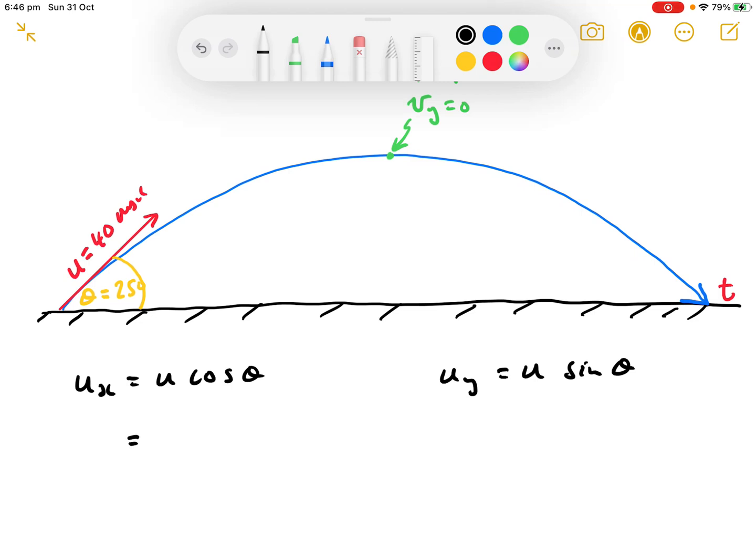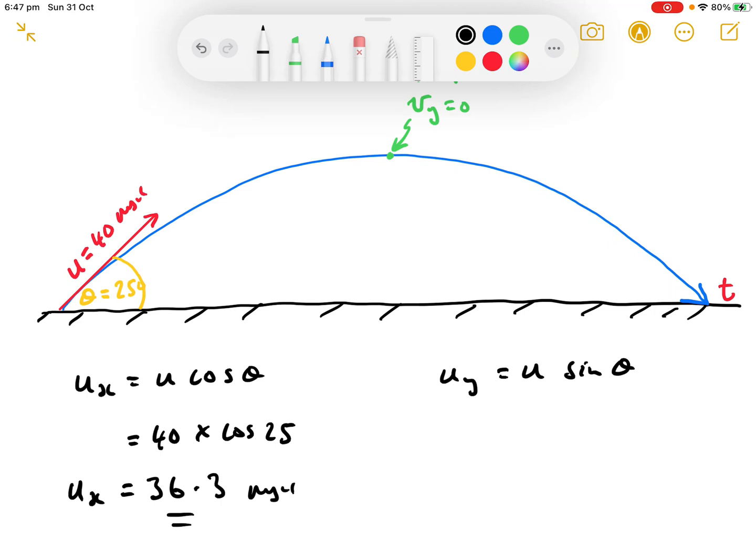So, in this particular case, ux then is going to be 40 times the cosine of 25. So the horizontal velocity at launch will be 40 times cos 25, which equals 36.3 meters per second.